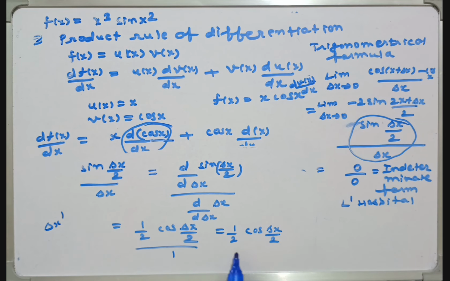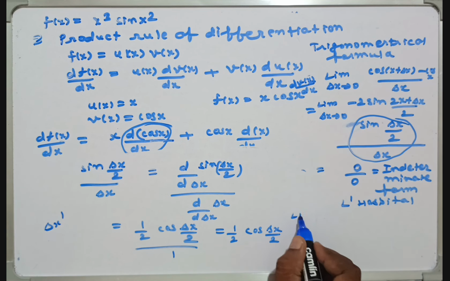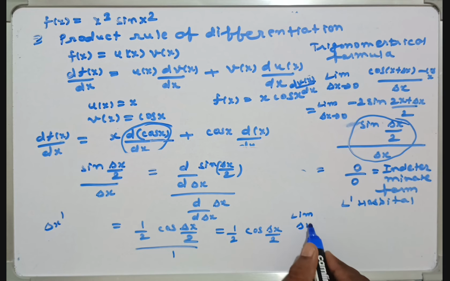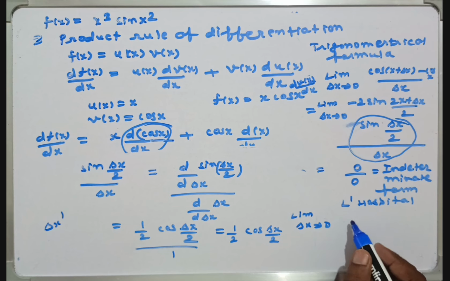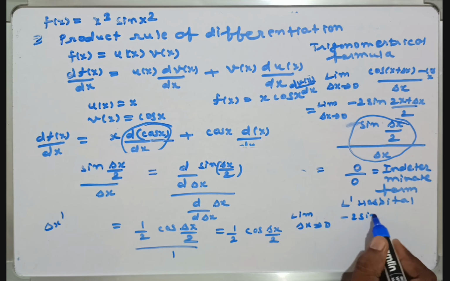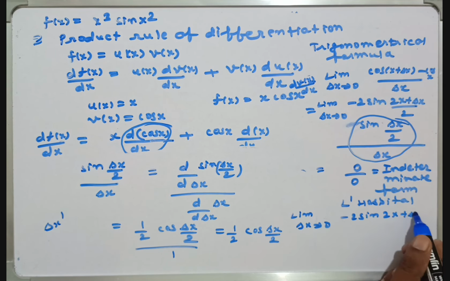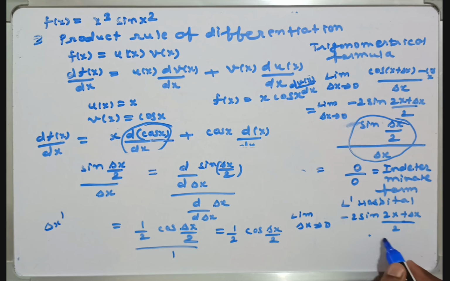So at this time, when you take the limit of this one, limit delta x tending to 0, now you can see this minus 2 sine of (2x plus delta x) by 2 can be written now as cos delta x by 2, or this is 1 by 2 multiplied, and this term is 1 here, so we can put in the value.